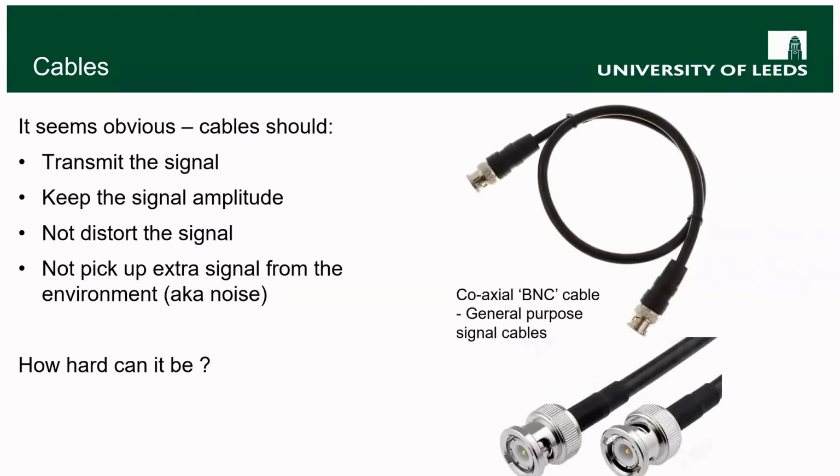Another type of cable you'll come across very frequently is the so-called coaxial or BNC cable. So this is a good general purpose signal cable. In the BNC cable, you have a central conductor and then a layer of insulation, and then around that another conductor, and then finally the outer insulation and sheathing.